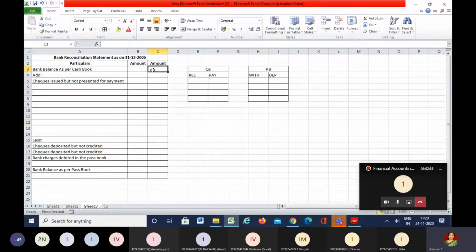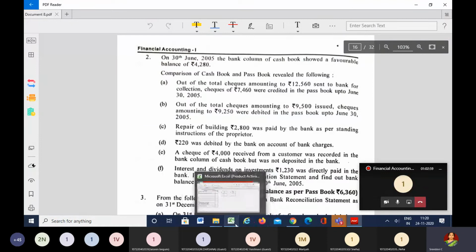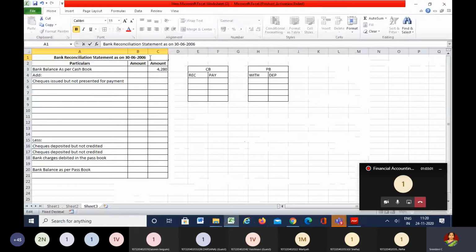So let us write the balance 4,280. And this is to be prepared as on 30th of June. It is not 31st of December here. It is 30th of June 2005. Sorry, yeah, 2005. So let's make it changed here also.